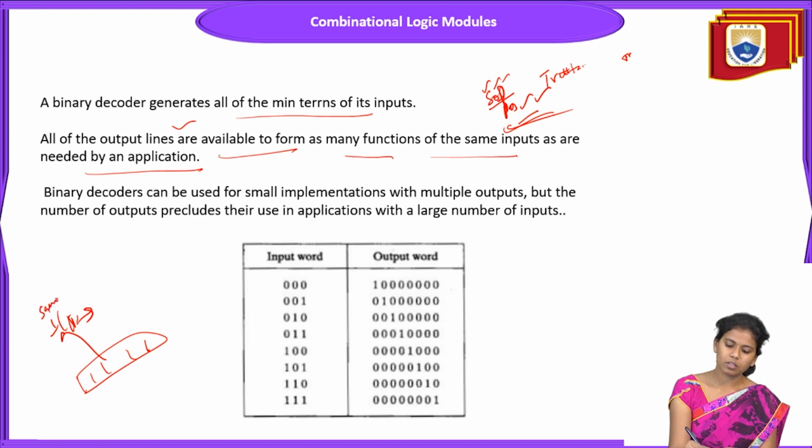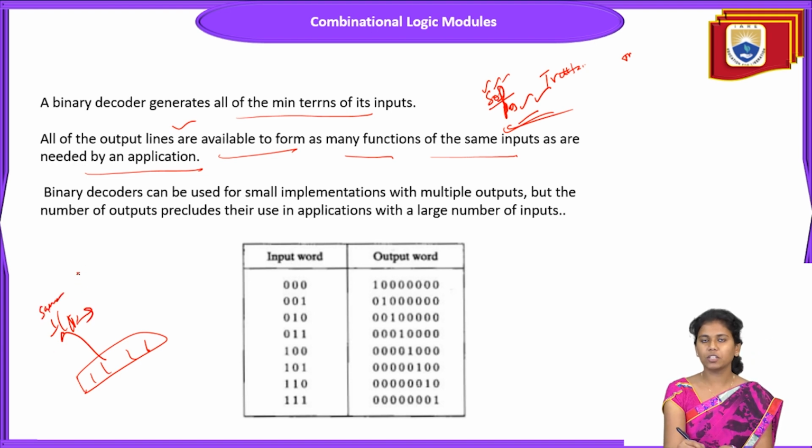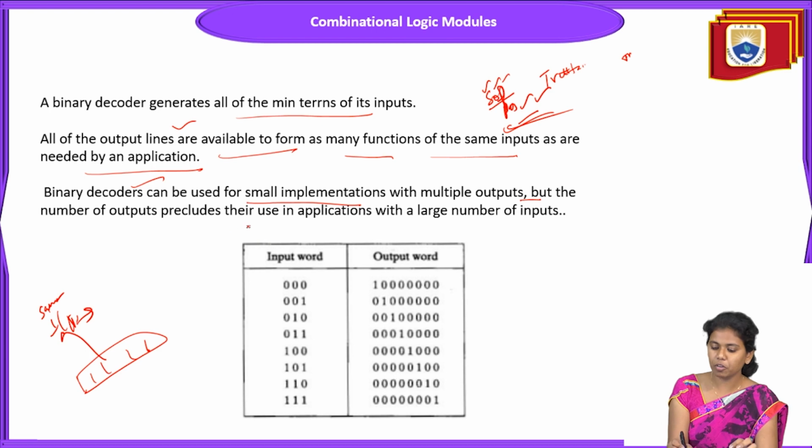The same inputs are needed by the applications in order to find some Boolean expressions. So the binary decoder can be used for small implementations with multiple outputs, but the number of outputs is peculiar.